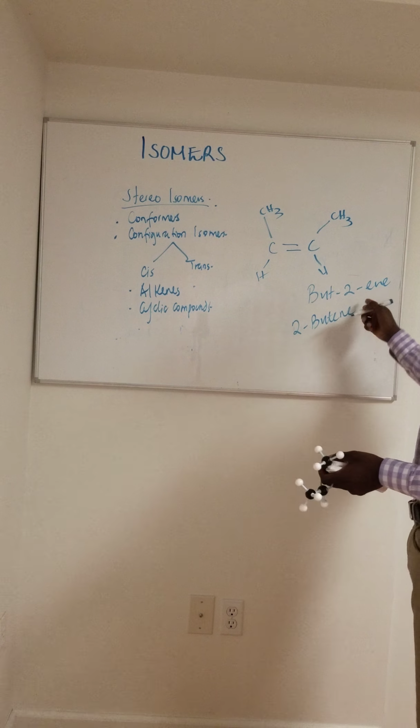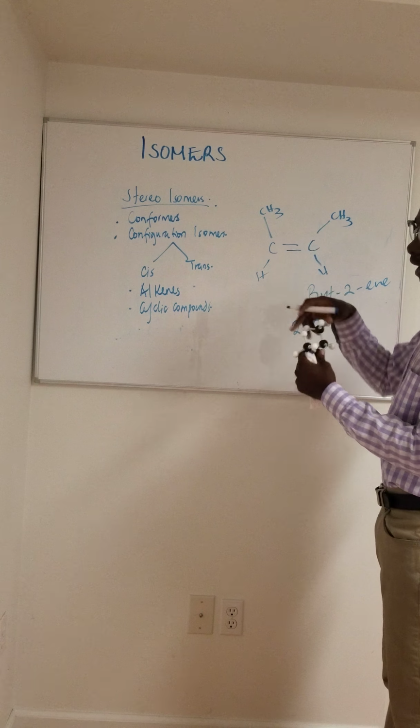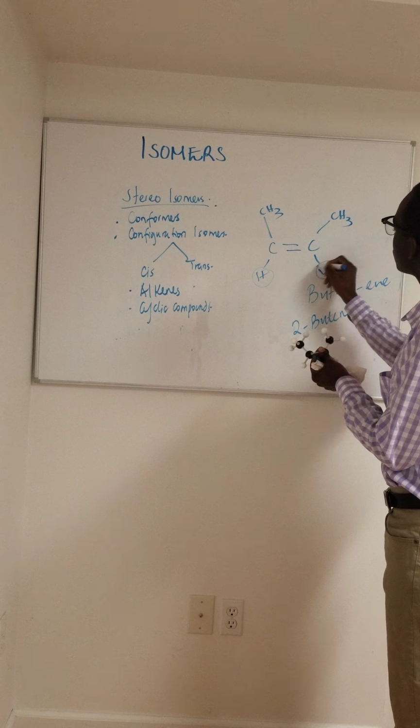So this is 2-butene. So now I've drawn the cis isomer because these two hydrogens are on the same side.